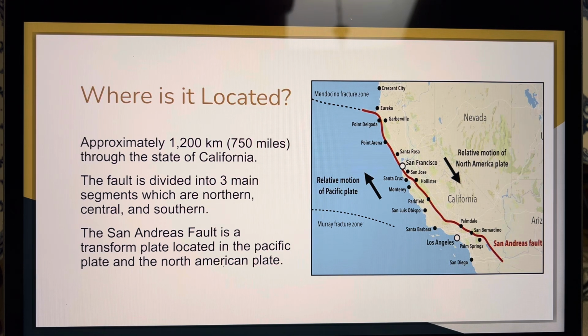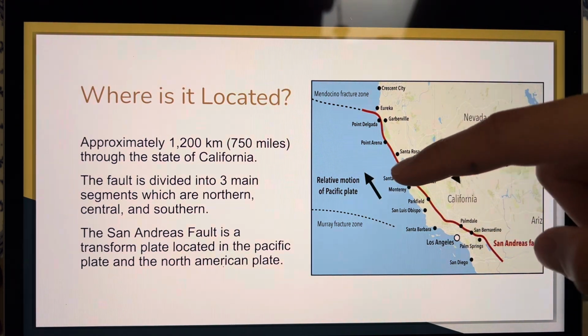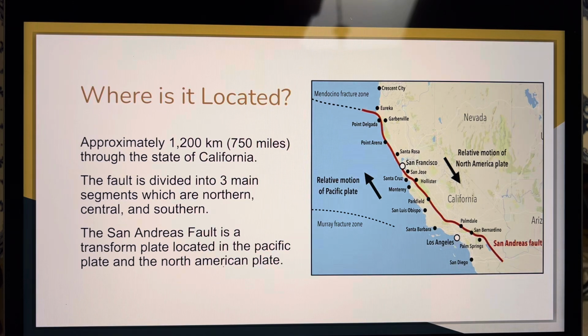The San Andreas Fault is a transform boundary between the Pacific plate and the North American plate. So they fall in together.